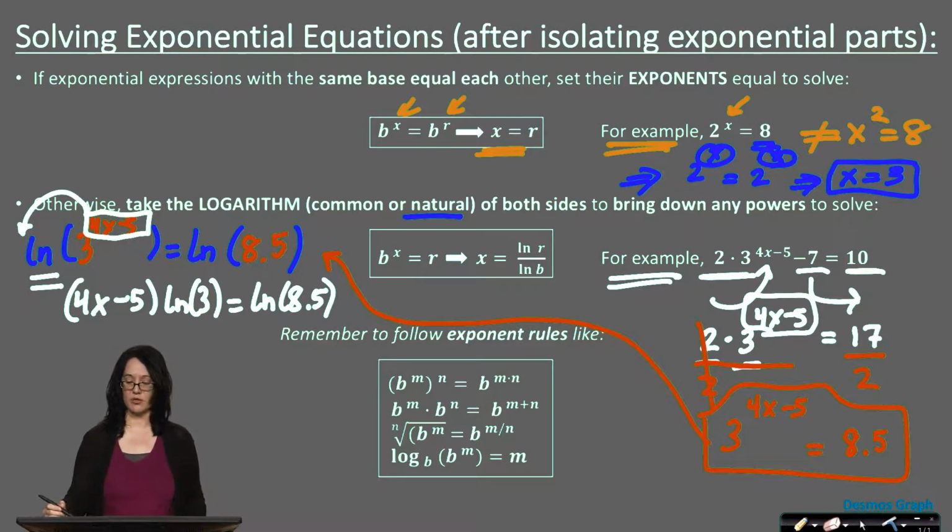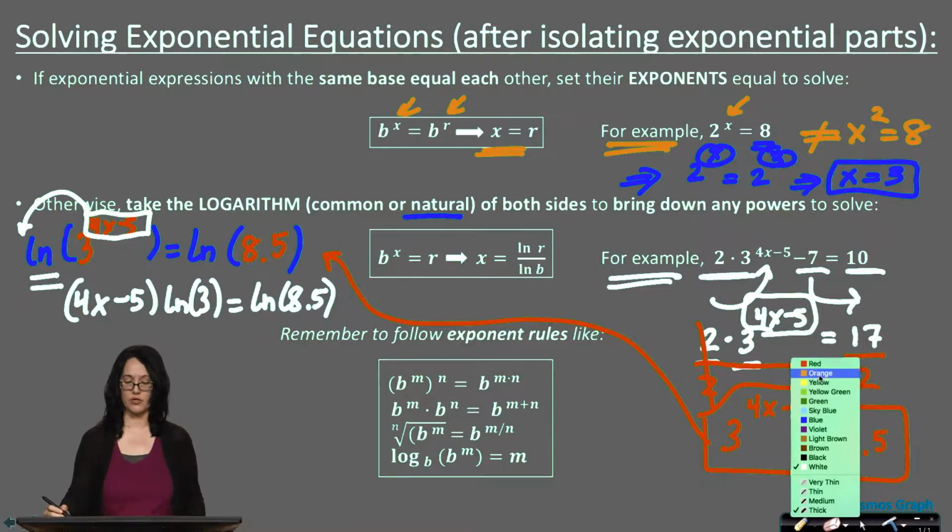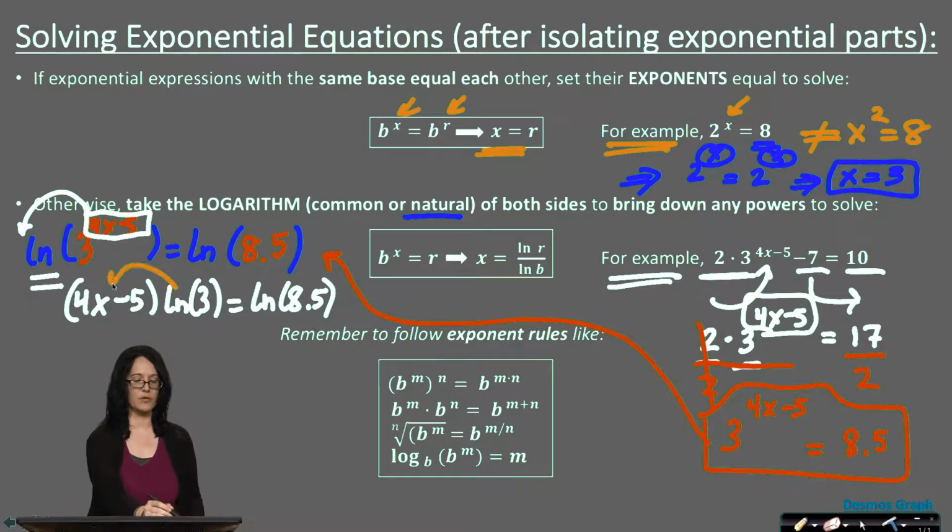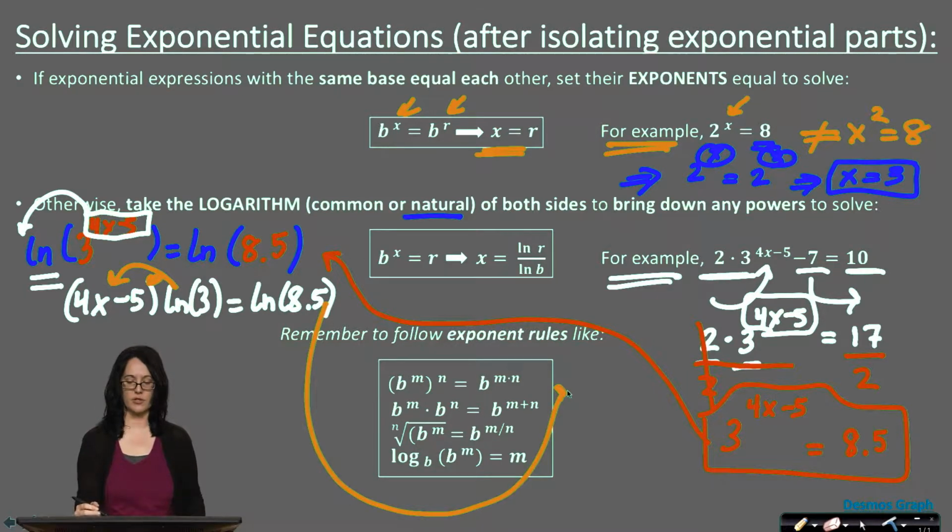Typically what students would do is approach this using distribution. So if you were to distribute here, and I'm going to come on over, back down here, I would have 4x times the natural log of 3 minus 5, and let me erase part of this because it's getting a little crowded for my liking.